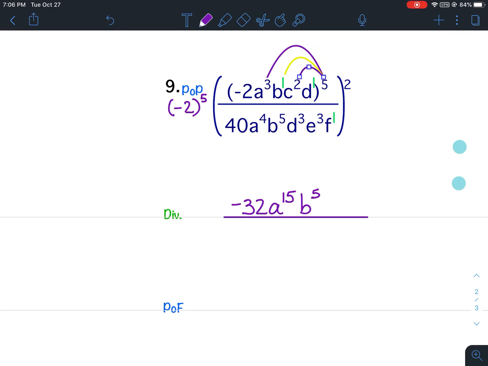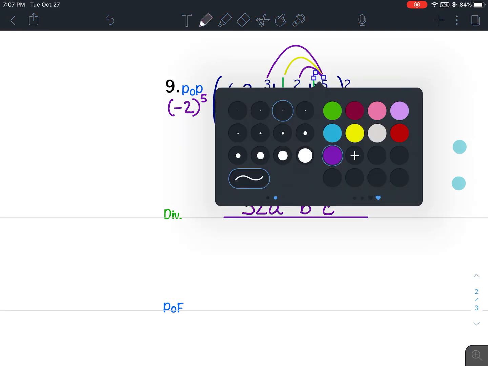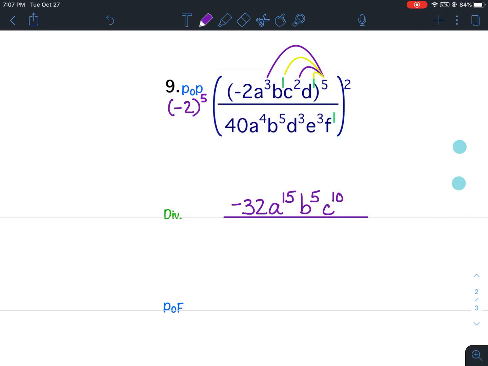C is 2 times 5, so C to the 10th. And last, for the D term, 1 times 5 would give me D to the 5th.